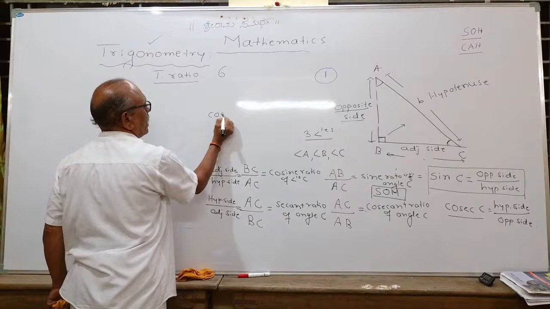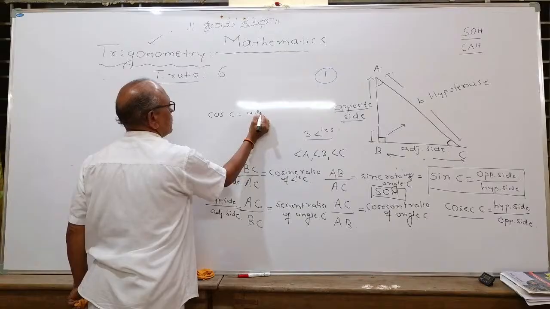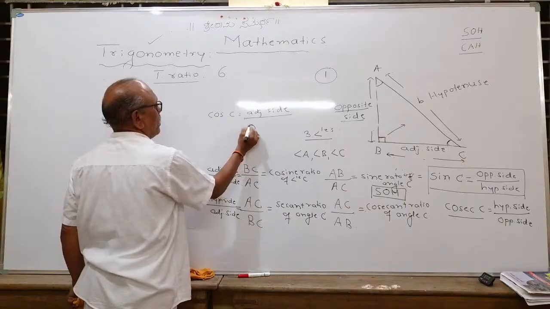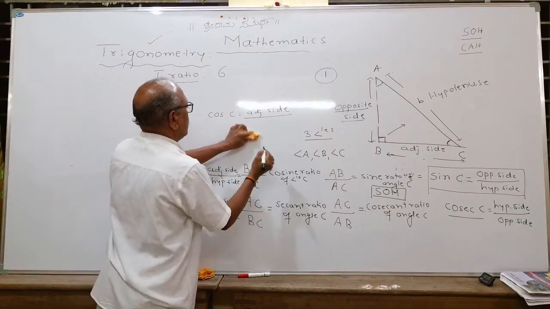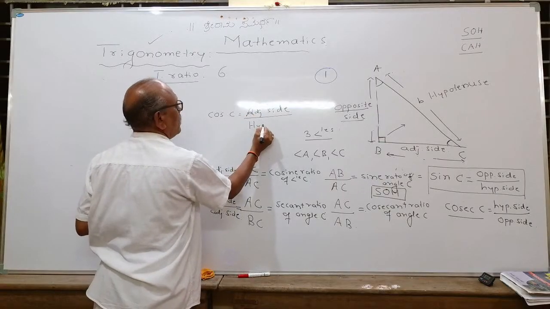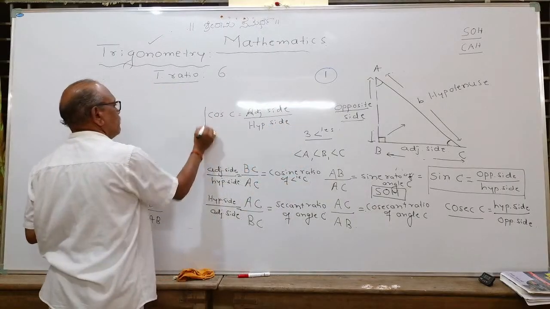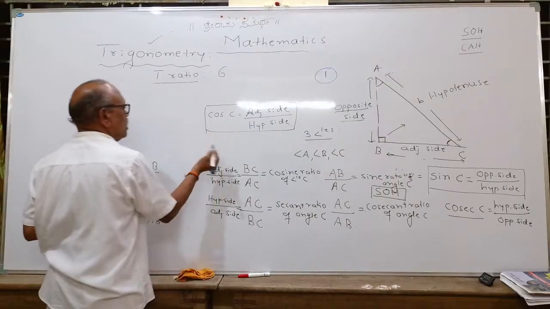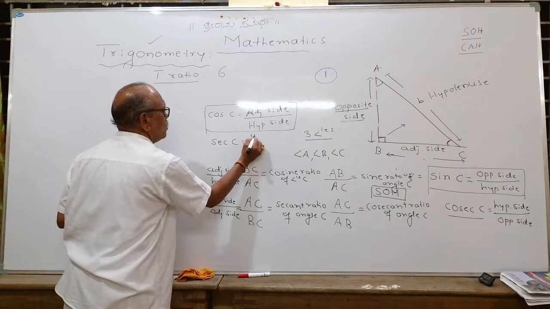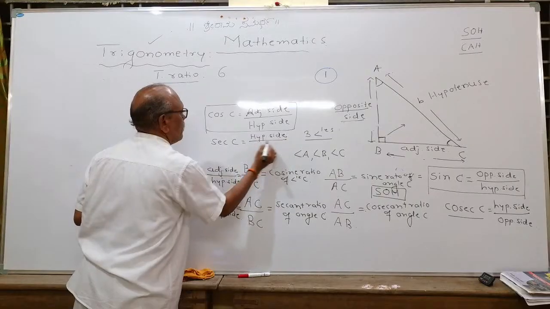In short, cos C is equal to adjacent side divided by hypotenuse side. You got the third definition of the trigonometric ratio. The fourth one is its reciprocal, that is sec C. Sec C is equal to hypotenuse side divided by adjacent side.